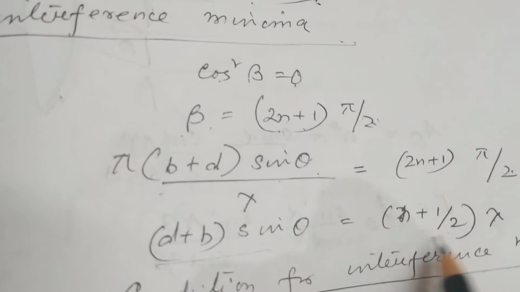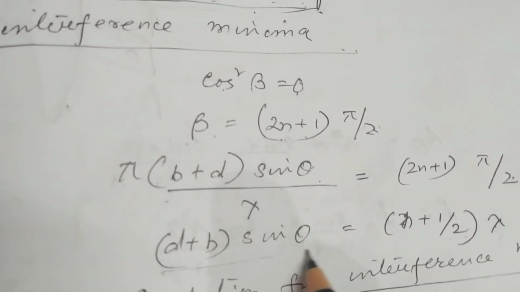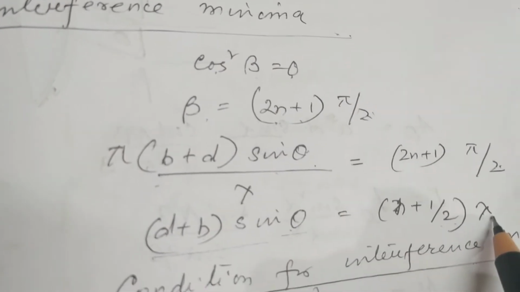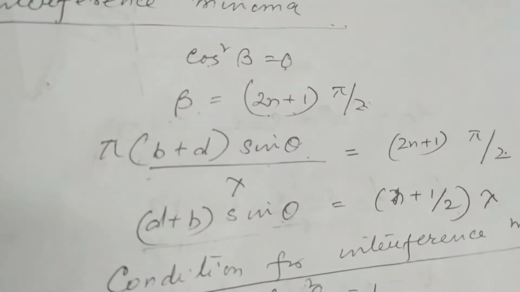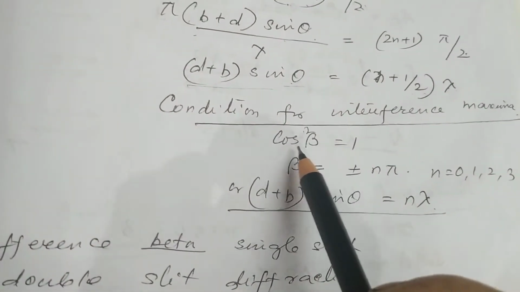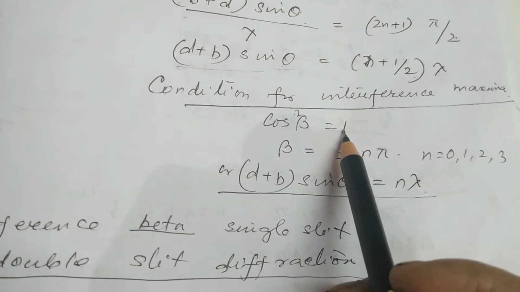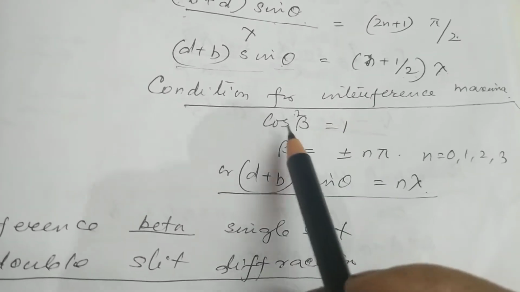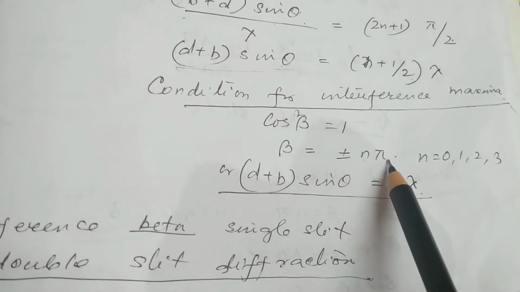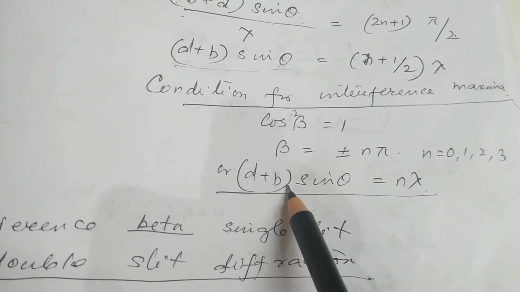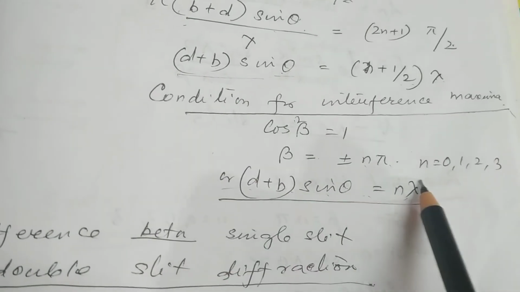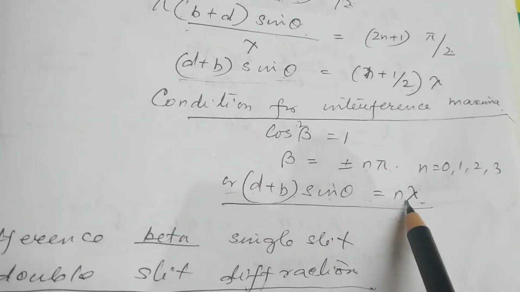When this condition is satisfied, for that value of theta I will get the minima. And the condition for interference maxima means cos beta is equal to 1 or cos square beta is equal to 1, so beta is equal to plus minus n pi. So (d plus b) sin theta is equal to n lambda. This gives me the condition for interference maxima.